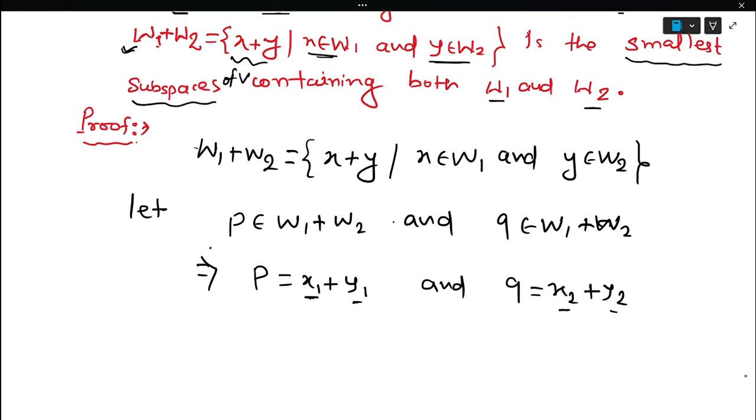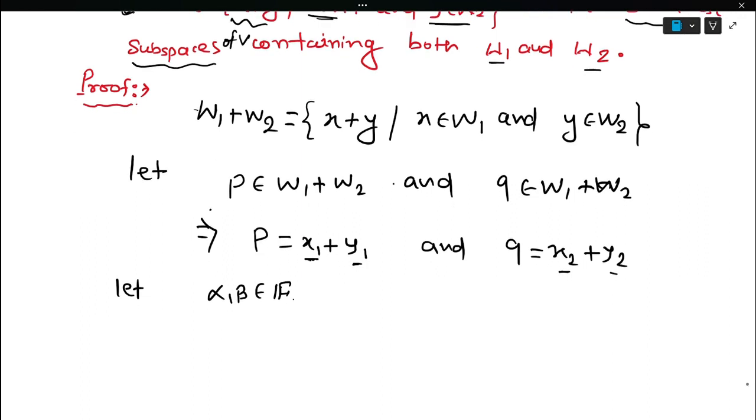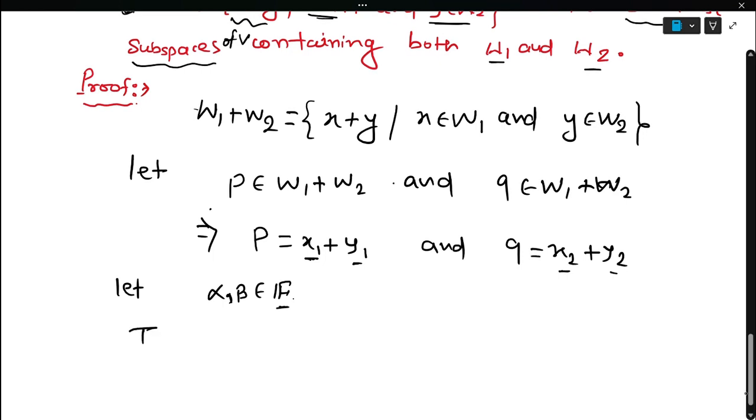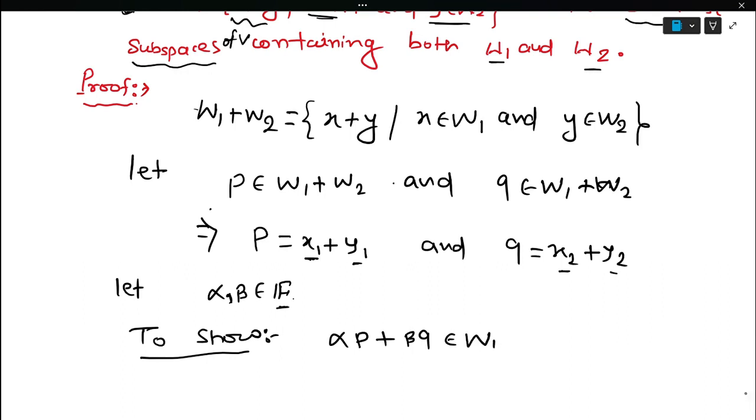So let alpha, beta belong to the field. We have a vector space V over the field F, so we have taken any two elements from the field F. What we need to show is that alpha p plus beta q belongs to W1 plus W2.